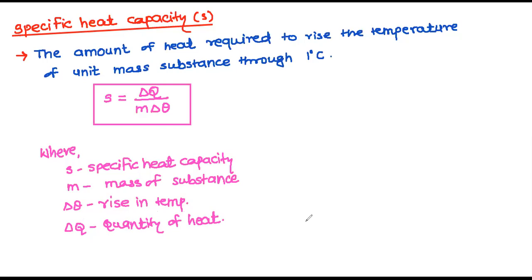What is the SI unit for specific heat? See here, delta Q is energy measured in joule, mass is measured in kg, and temperature is measured in Kelvin.